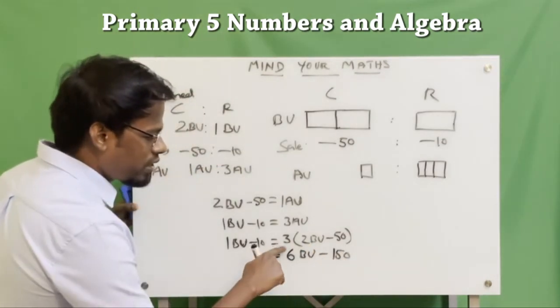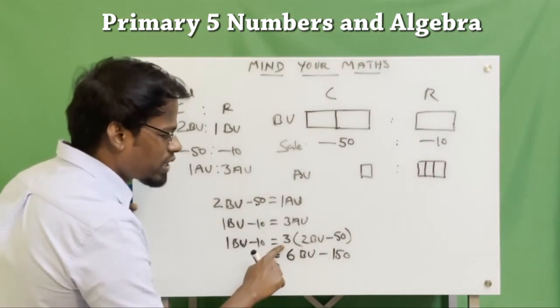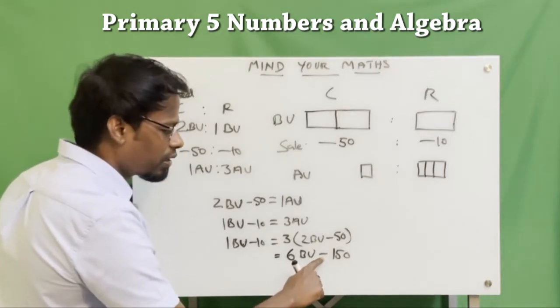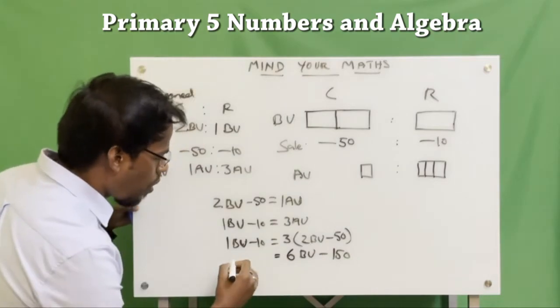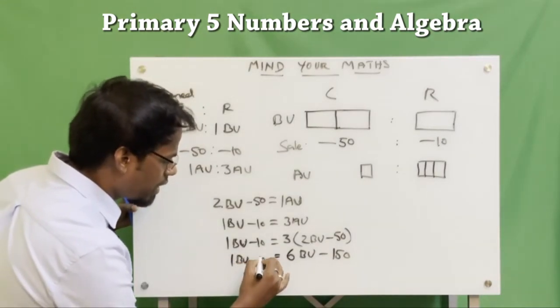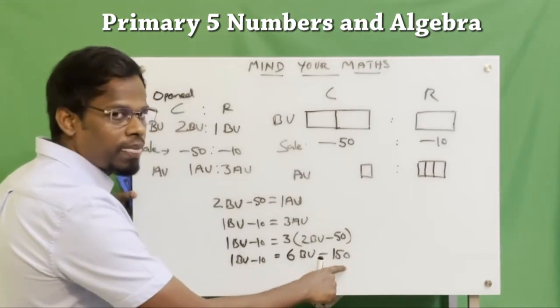Again, this is a positive number and this is a negative number, so positive times negative is still negative as per the math rule. So 1 BU minus 10 is equal to 6 BU minus 150, right?